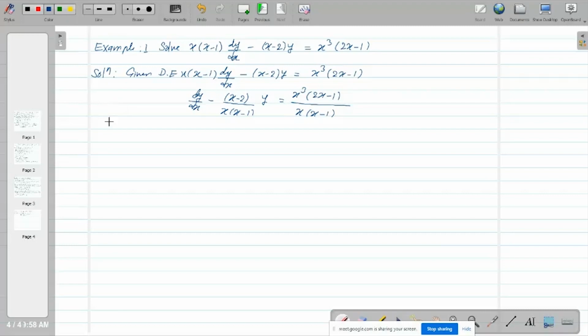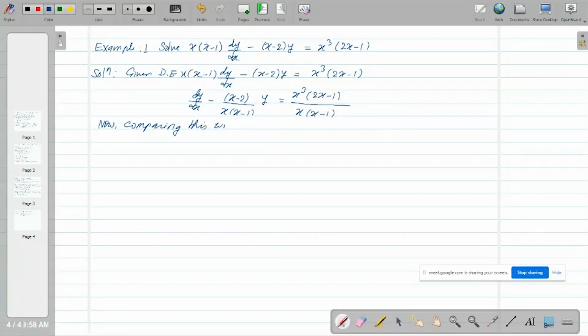Now comparing this with the standard form of the differential equation. What is the standard form? dy by dx plus p(x) y equals q(x).